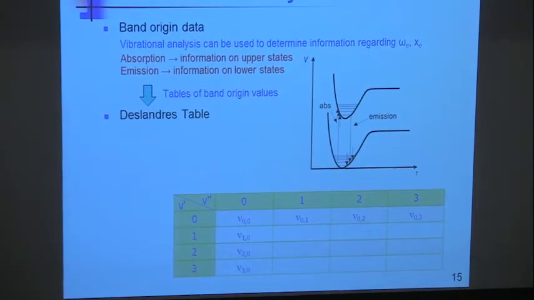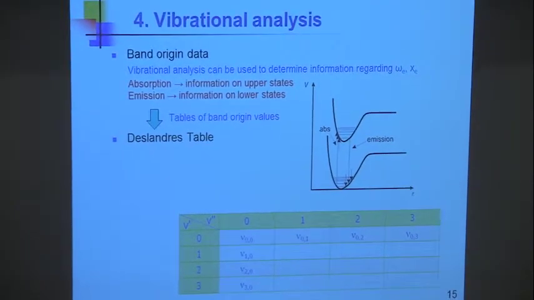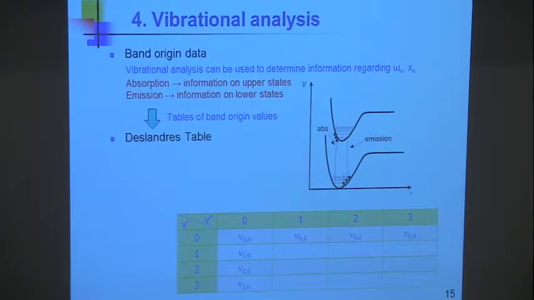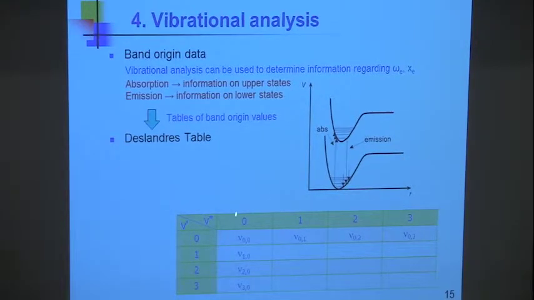But this is a table in which the spectrum is recorded over a wide range, and the null gap values are plotted versus the V double prime and the V prime. So basically, this table is populated by looking at the positions of all the null gaps. And what do they depend on? They depend upon the omega E's and the omega X's. So you can use this approach.